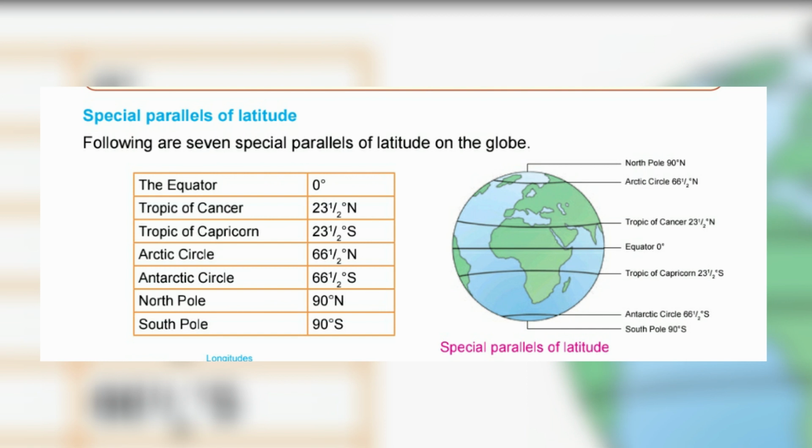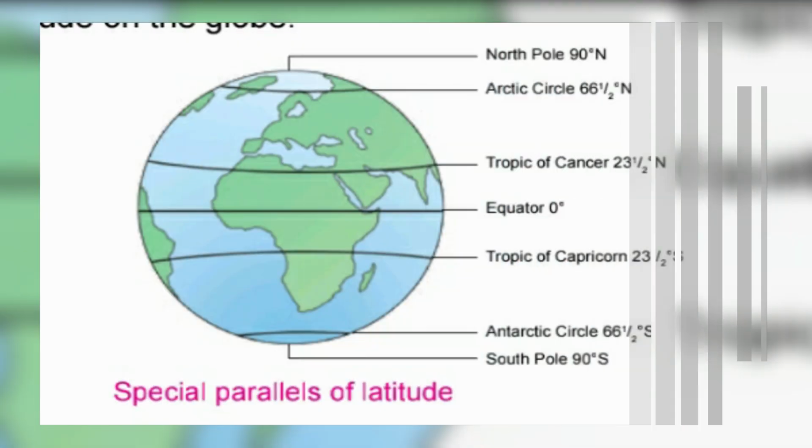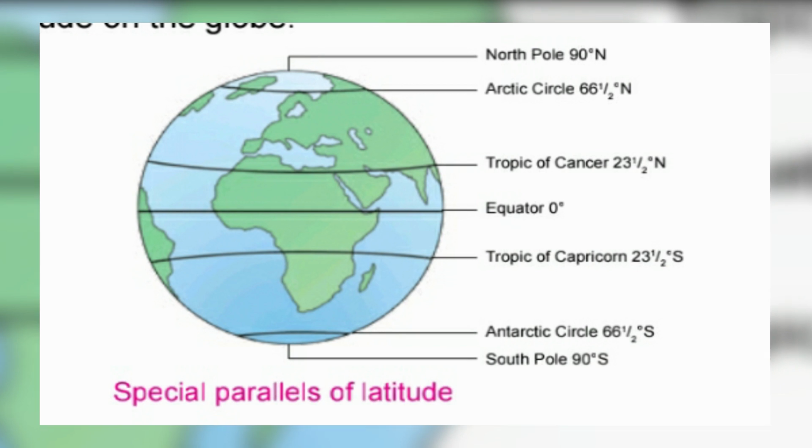The equator is at 0 degree, Tropic of Cancer 23.5 degree north, Tropic of Capricorn 23.5 degree south, Arctic Circle 66.5 degree north, Antarctic Circle 66.5 degree south, North Pole at 90 degree north, South Pole at 90 degrees south. Refer to the picture. These 7 latitudes are very important. Observe the picture of the special parallels of latitude keenly.